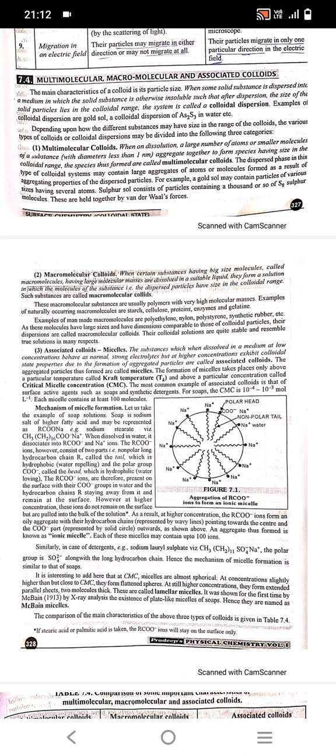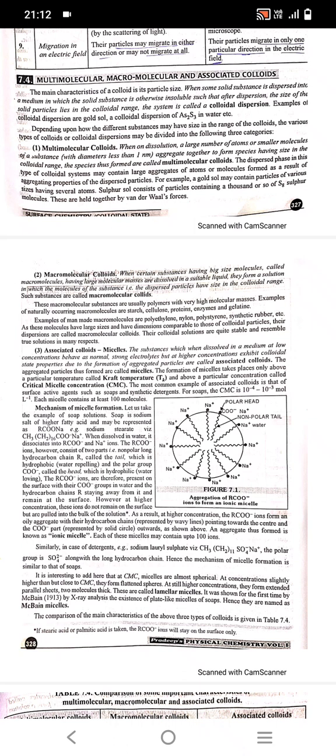The dispersed phase in this type of colloidal system may contain large aggregates of atoms or molecules formed as a result of the aggregating property of the dispersed particles. For example, a gold sol may contain particles of various sizes having several atoms. A sulfur sol consists of particles containing a thousand S8 sulfur molecules. They are held together by van der Waals forces.